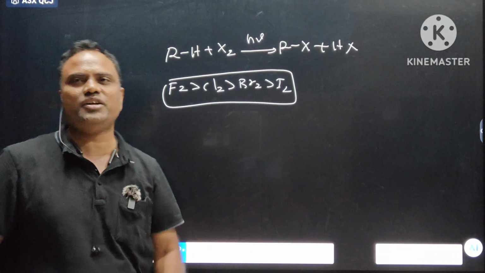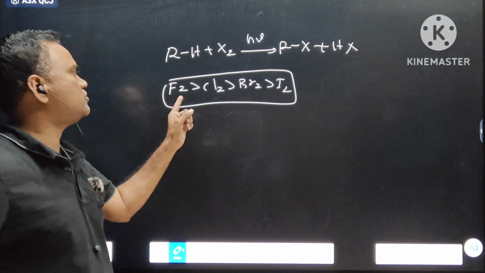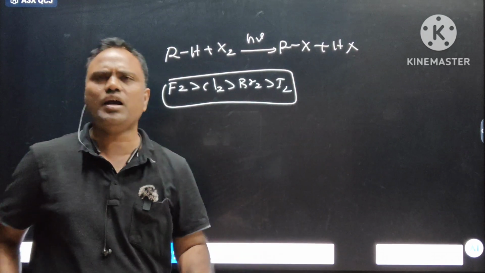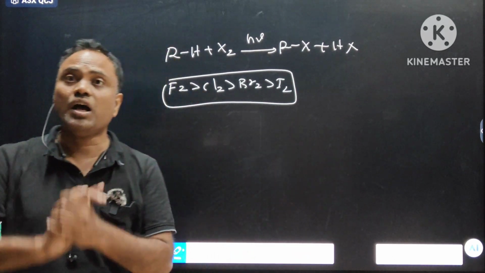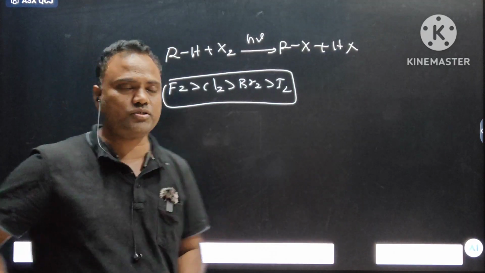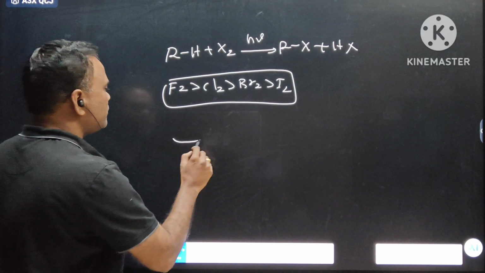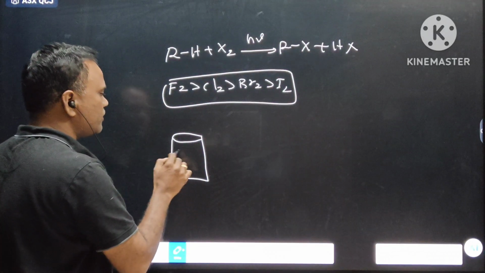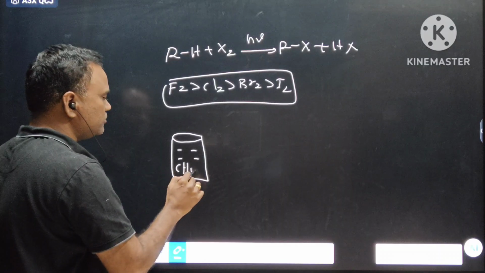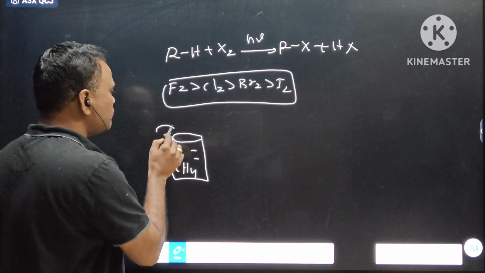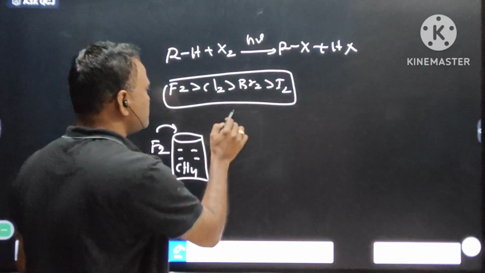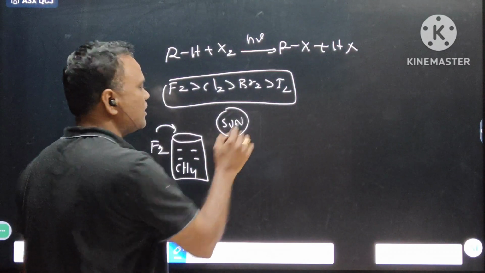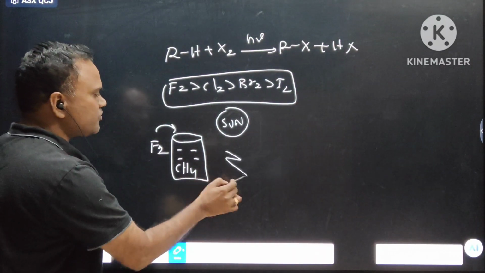Look at this reactivity order: fluorine is highly reactive towards alkane, highly exothermic. This is very, very important. This reason you have to say: highly exothermic. See, I'll tell you, your aim is to prepare alkyl fluoride. For that, you took methane in one beaker, added fluorine gas to it, and kept this total equipment under sunlight. Then what happens? It will burst.